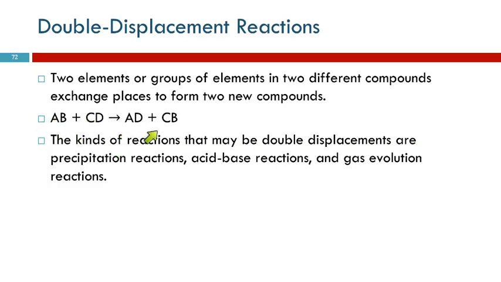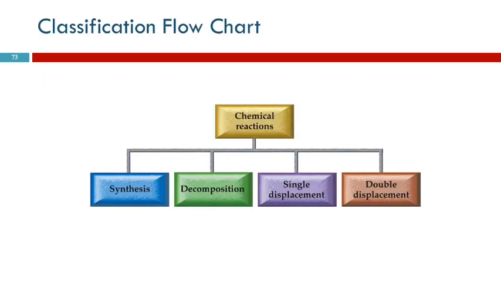So we end up with AD and CB. Lots of reactions fall into this category, and these are the ones that I want you to, for the most part, the ones that you need to be able to predict. And you predict the products just by swapping partners and seeing what happens. So precipitation reactions, acid-base reactions, gas evolution reactions fall into this category. So this is the other type of classifying by looking at what the atoms are doing.